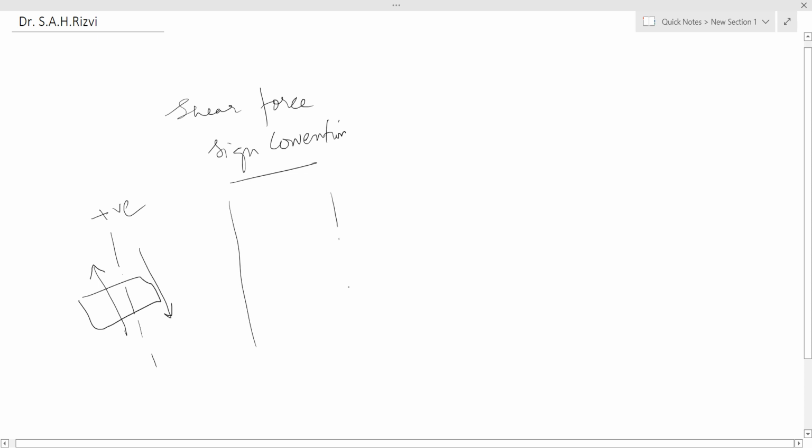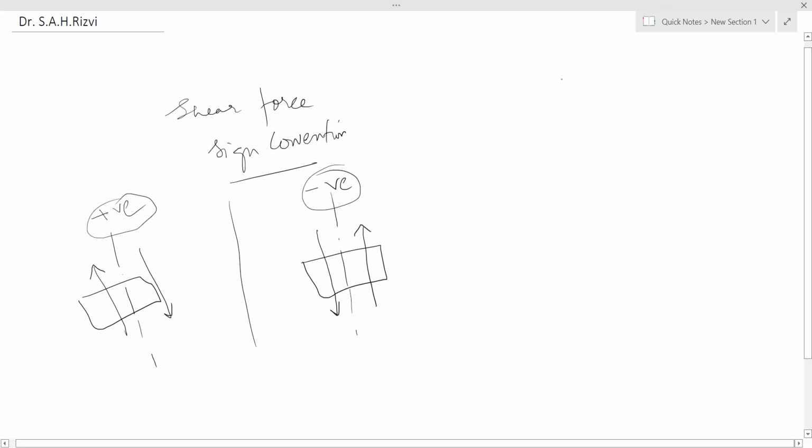And when we cut some section on the beam and the forces are acting downward toward the left of the section and upward toward the right of the section, these forces are considered as negative. This is the sign convention for shear force.